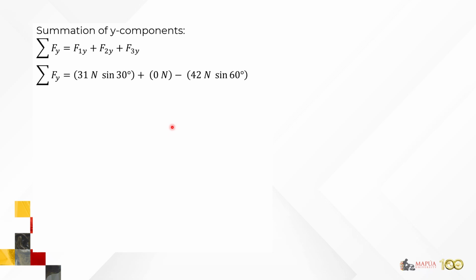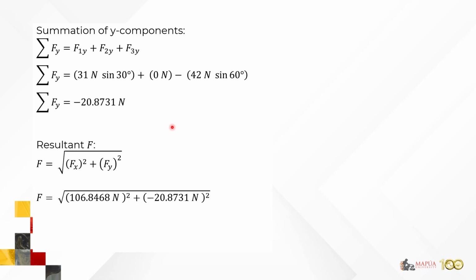So to evaluate, f sub y should be equal to negative 20.8731 newtons. Okay, and then to get the magnitude of the force, we'll just need to use the Pythagorean theorem. So the resultant F should be equal to the square root of f sub x squared plus f sub y squared.